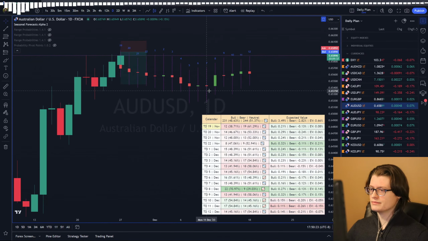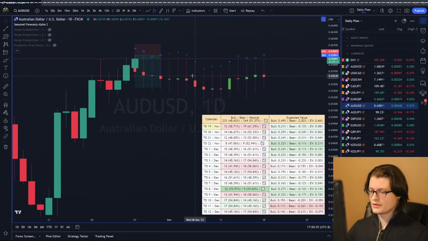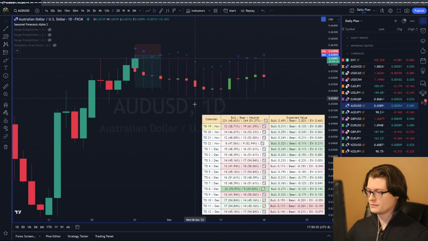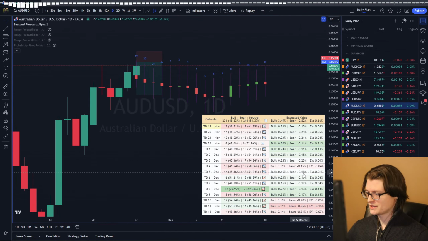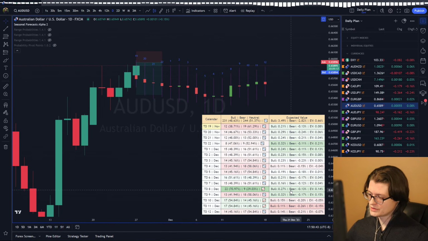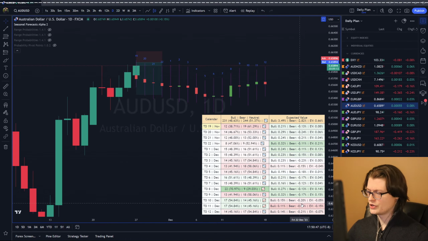There seems to be some more seasonal bullish movement here. And then towards the beginning of next week, there's some more bearish seasonal movement there. But the net expected value is generally flat in the beginning of December, and then swings quite a bit, positive and negative, going out into the middle of December.